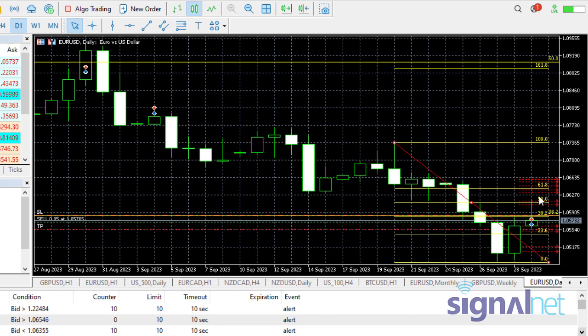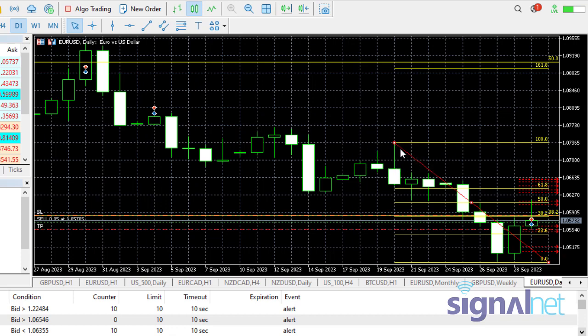So what we can do is that in the coming week, we can place our entry around the 50 level and the 61.8 level. We can split our entry, one at the 50, one at the 61.8, and use this high here as the stop level, which on this chart is 1.07368.